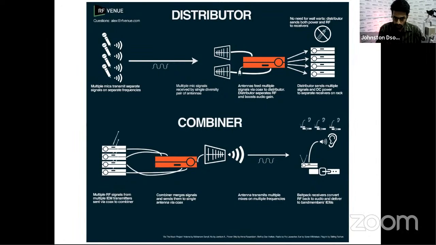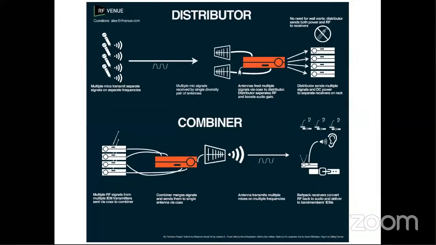In the second half below, you have 4 transmitters connected to your combiner via coaxial cable, and then you have 1 antenna which is wirelessly sending that audio signal to your in-ear monitors, 4 in-ear monitors. Any doubt here between combiner and distributor?